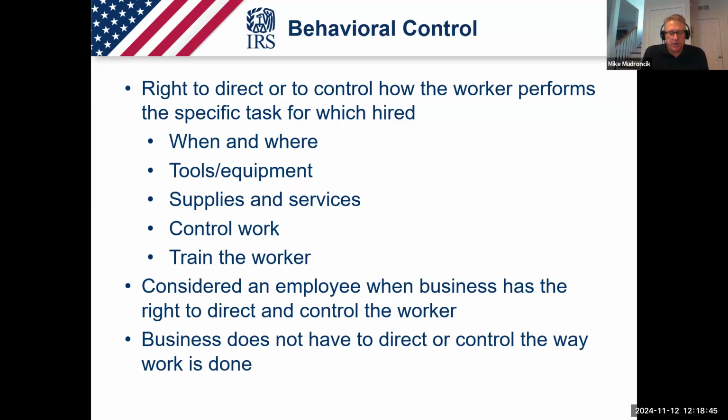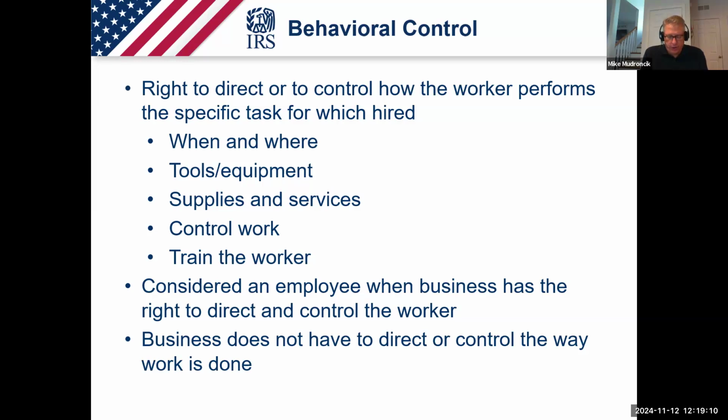Not just the end result, but am I telling the worker what they need to do to achieve those end results? Can the employer tell the worker when and where to do the work? Can the employer determine what tools or equipment the worker should use or where to purchase supplies and services?